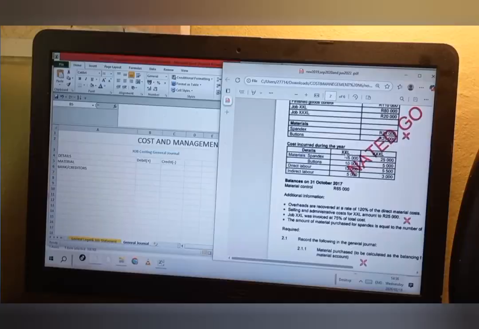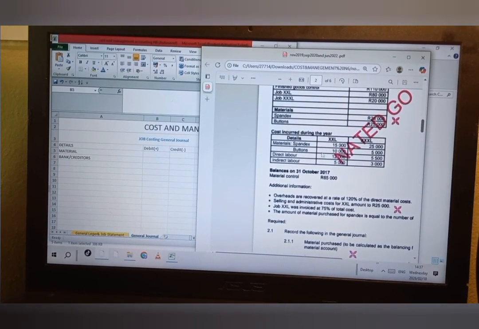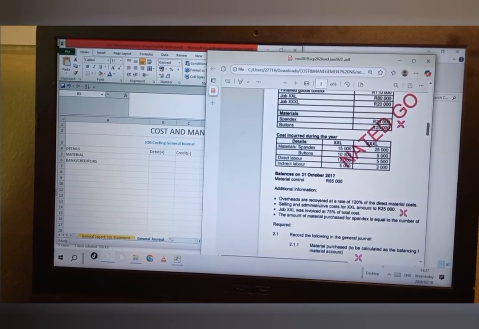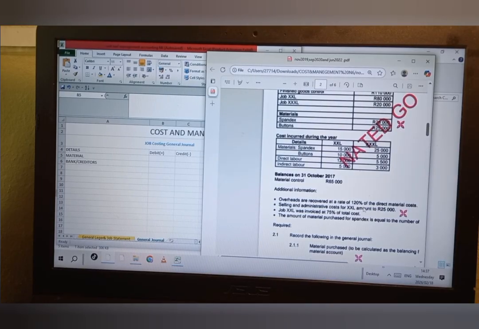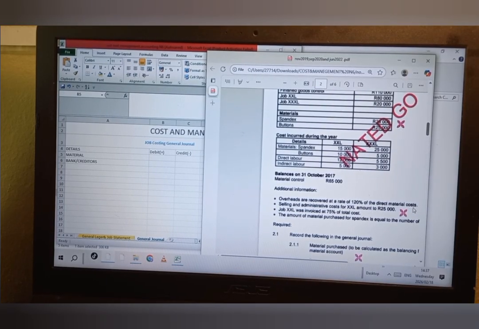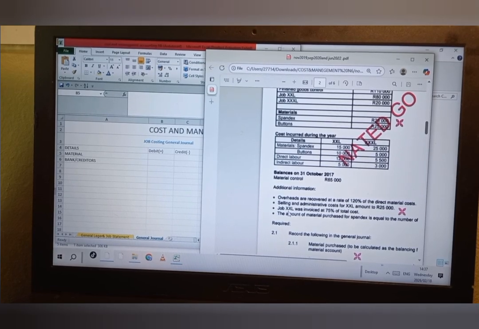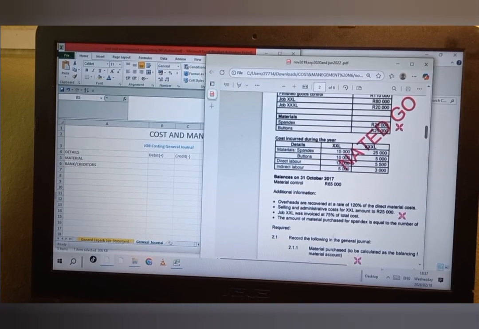Cost incurred during the month says we have two materials, spandex and also buttons. This is the total amount of it. And then let's go and see what our additional information says. Overheads are recovered at the rate of 12% of direct material cost. That doesn't affect us. Selling and administration also doesn't affect us. Job XXL was invoiced at 75% of total cost. Nope.